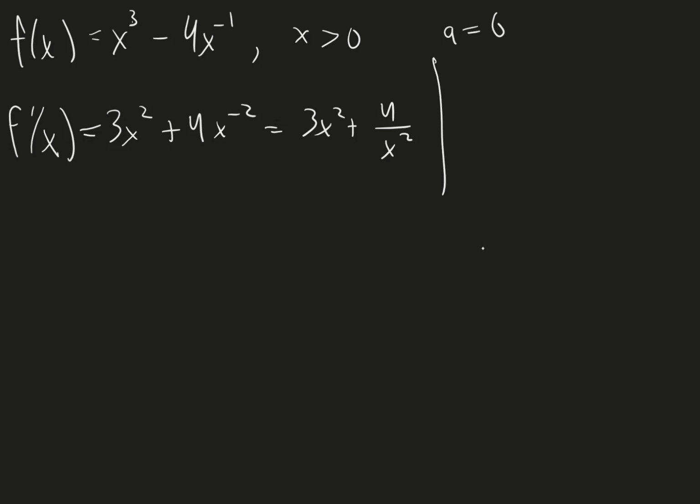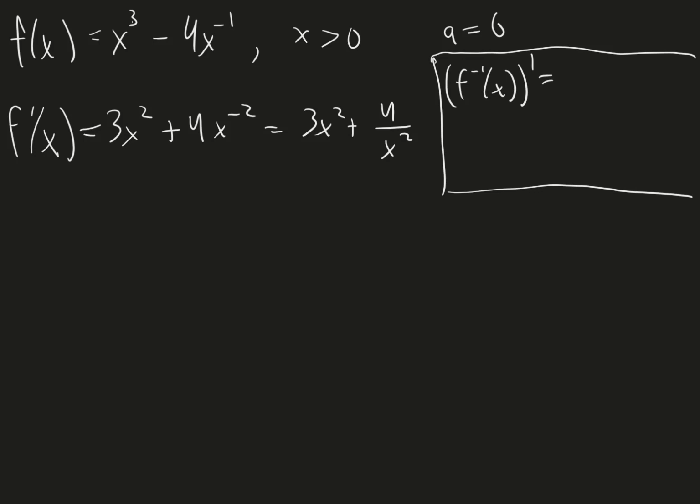So the next thing, I think what is very helpful here is to think about what the format of the derivative of the inverse function is supposed to be, because that gives me a good reminder about what I need to go and find.